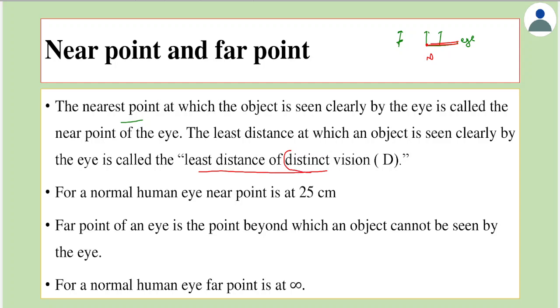Distinct means we can see everything clearly in the object, not blurred. Keep in mind that when the object is brought closer, you could see something of it, but that can't be seen clearly. So only from this point can we see clearly. That point from which objects can be seen clearly is called the near point, and the distance from the eye to that object is called the least distance of distinct vision, which is given as capital D. For a normal human eye, this distance is 25 centimeters.